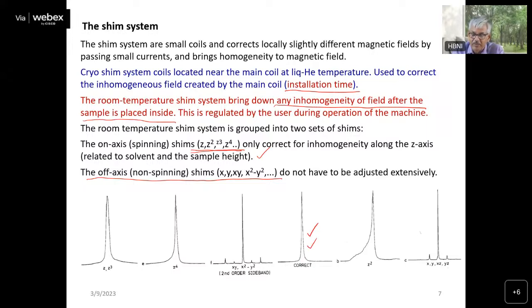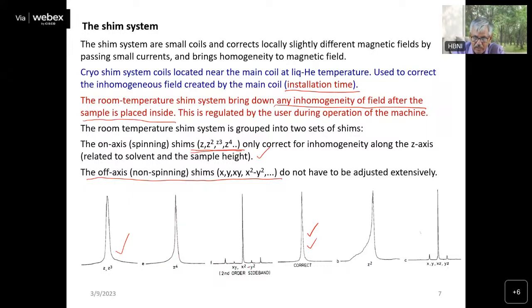But if the fields are not uniform, suppose the Z and Z square SIMs are not proper, you will see a lot of broadening of the peak from the base to the top. Similarly, if the Z4 SIM is not proper, you see quite a broad baseline.